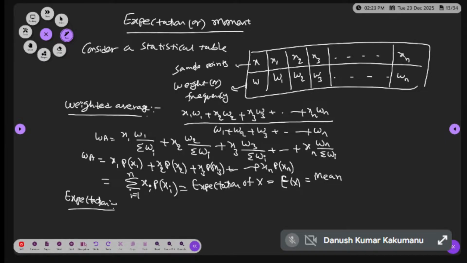Expectation definition: the probability weighted average. The probability weighted average is called expectation.